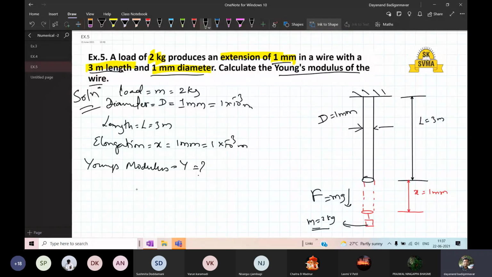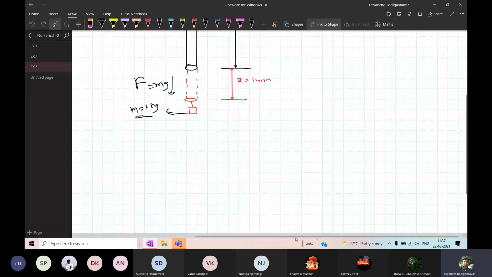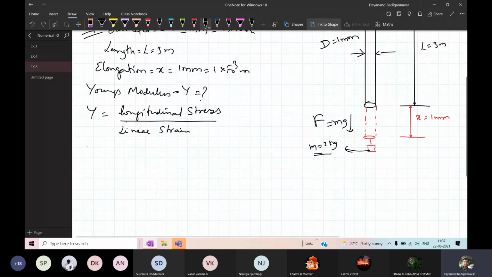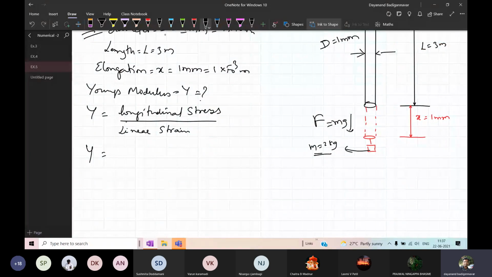Y is equal to, write the formula first: longitudinal stress divided by linear strain, or longitudinal strain. Longitudinal stress is F by A, that is force per unit area, along the length of the wire.